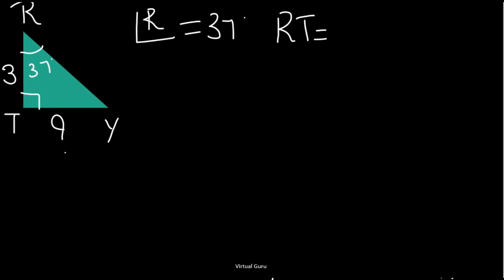What is RT relative to 37 degrees? It is adjacent. So adjacent is given. Whatever angle they have given, students, we have to find the relation of the sides to that angle, which is given and which is not given. We always determine that first. So relative to 37 degrees, RT will be adjacent. So our adjacent side is 3.